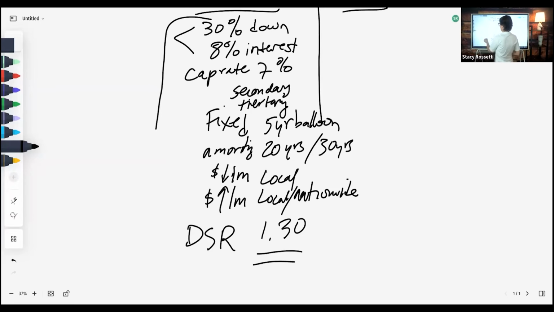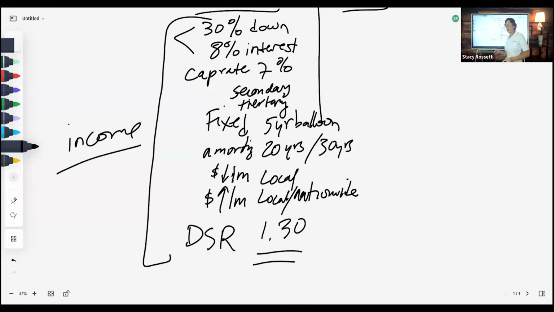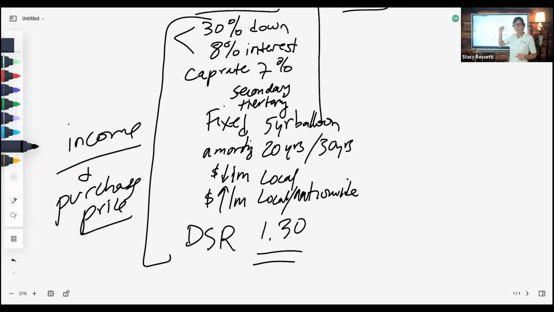So you're going to put your income in, and your purchase price. Whatever the income is and whatever purchase price you come up with have to equal a 1.3 DSR with 30% down and 8% interest.